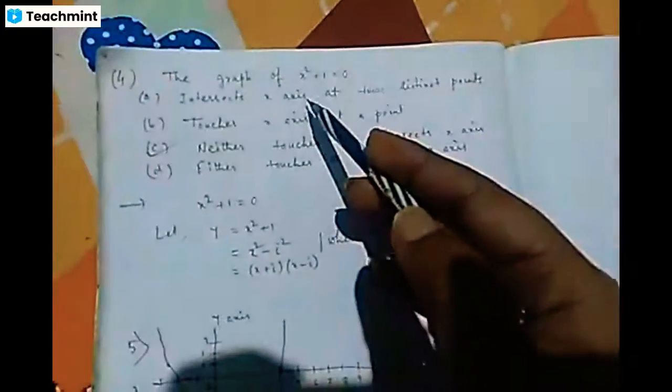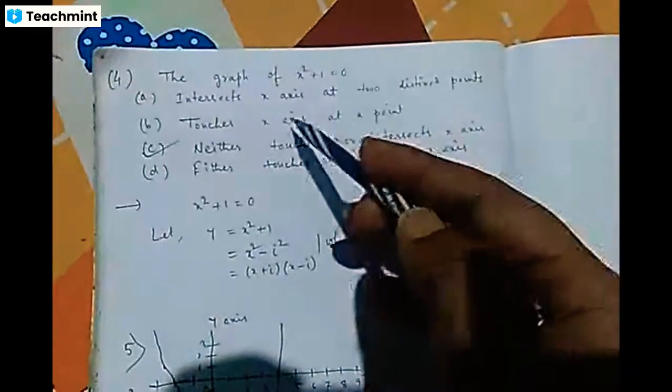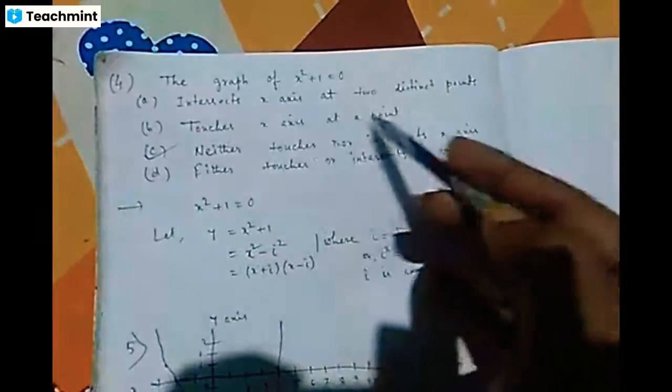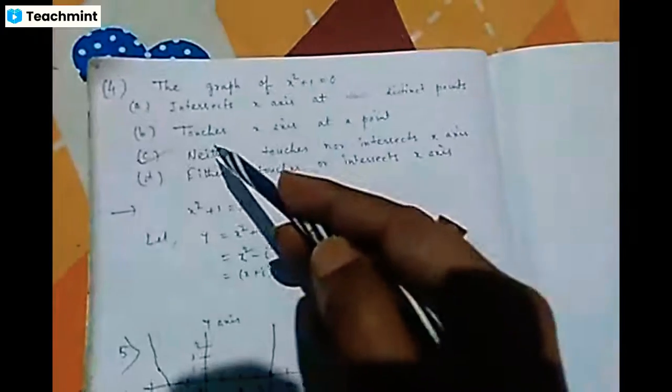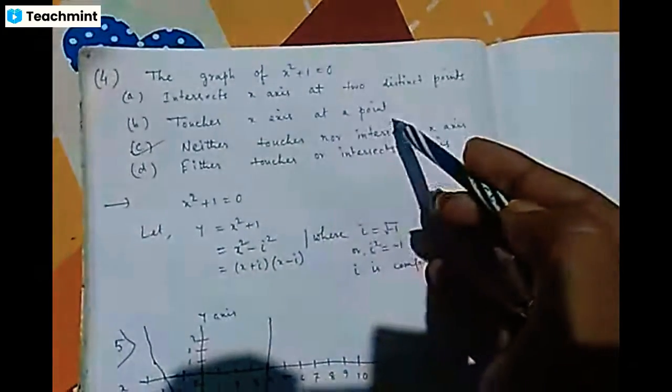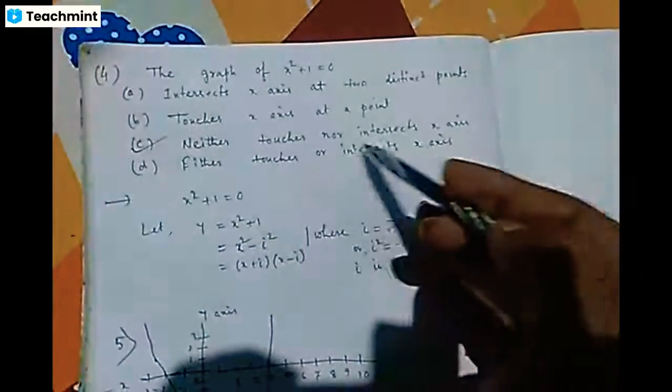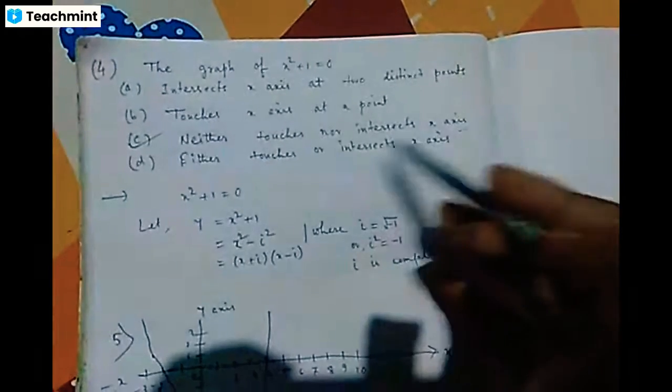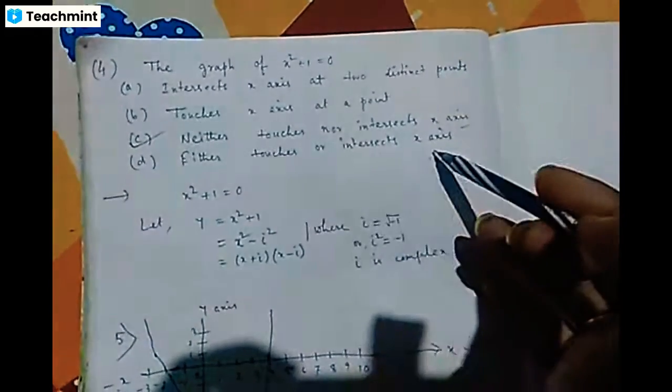Now, another problem. The graph of x square plus 1 is equal to 0 intersects the x-axis at two distinct points, touches the x-axis at a point, neither touches nor intersects the x-axis, or either touches or intersects the x-axis.